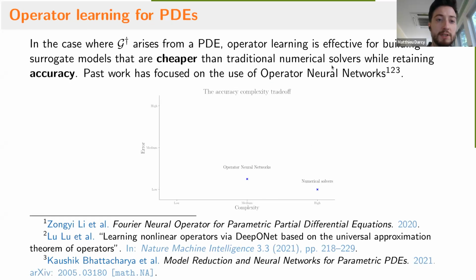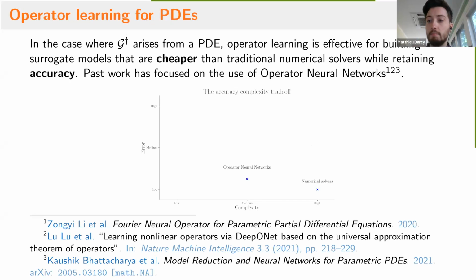Operator learning has been a very prolific field recently, mostly in the context of data-driven operator learning for PDEs. In this case, G dagger is some operator that arises from a PDE. You can think of G dagger as being the solution map of the PDE.